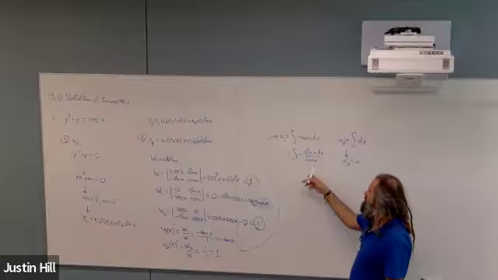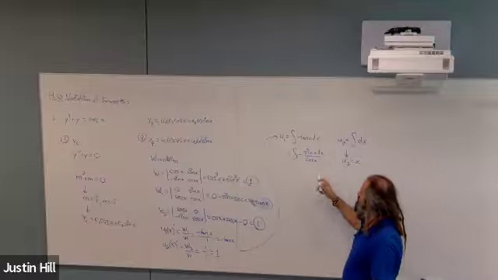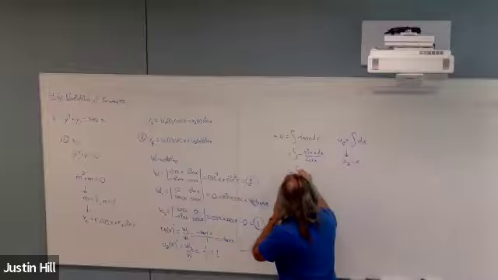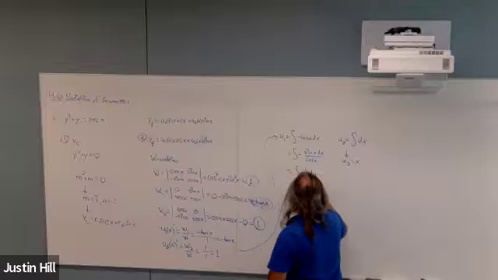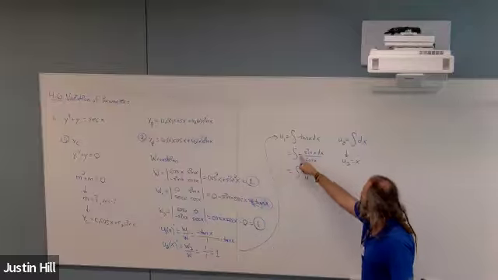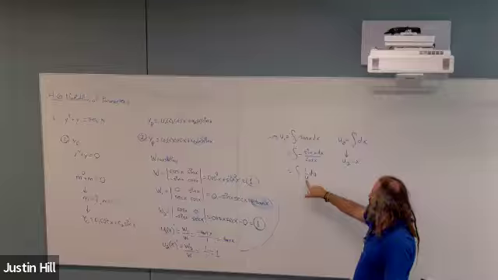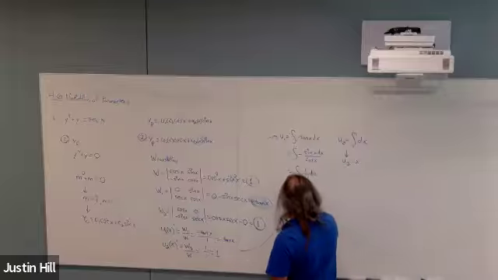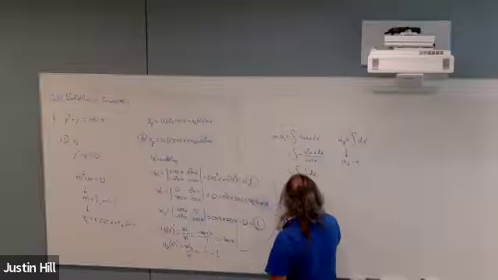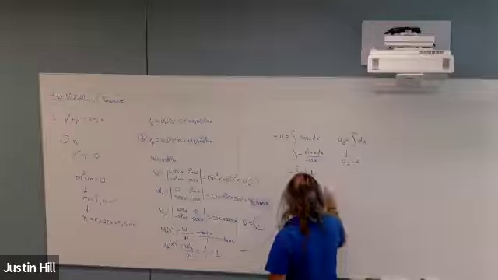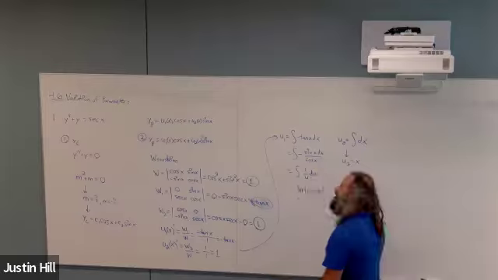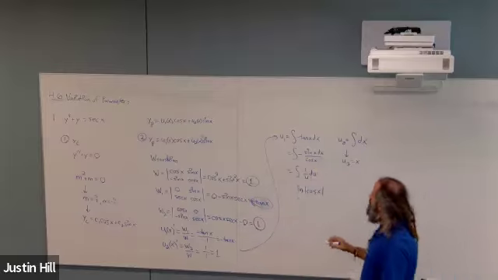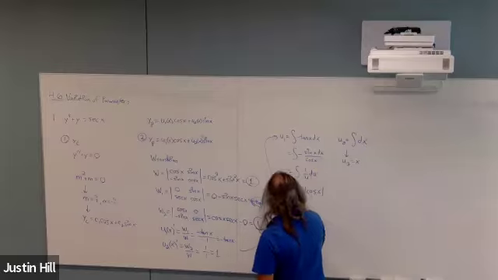So my substitution is that u is cosine. So I'm really integrating 1 over u du, since negative sine is the derivative of cosine, so all of that is just du. And what's the integral of 1 over u? That's going to be the natural log of u. So this is going to be the natural log of cosine, so U1 is going to be the natural log of cosine.